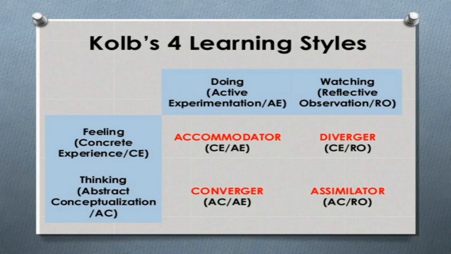The learning style is by doing and watching. Doing is related with active experimentation and watching with reflective observation. Feeling is related with the concrete experience and thinking is related with abstract conceptualization.